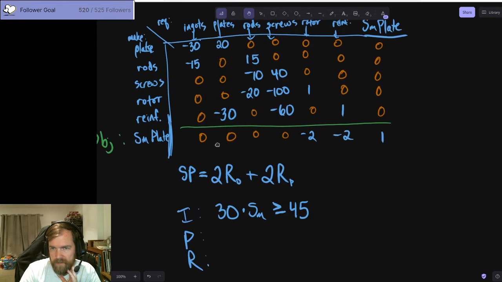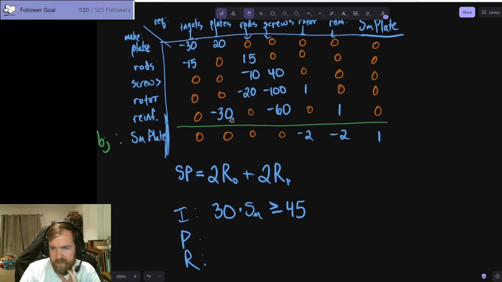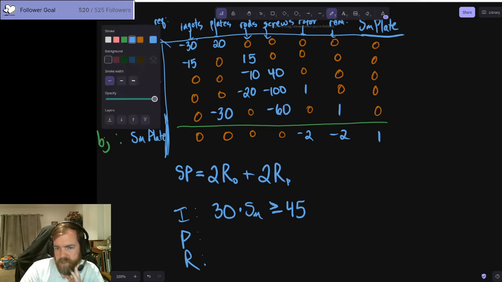Alright, plate. We need 30 per minute to go into reinforced. So this is the number of assemblers, which must be greater than or equal to... we need 2.